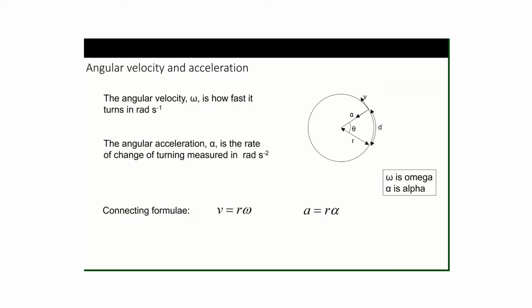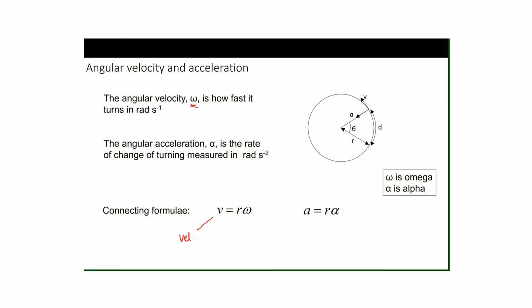We can look similarly at angular velocity. Angular velocity, for which we use the symbol omega, is how fast it turns in radians per second. And that is linked to the velocity in the same way as before.